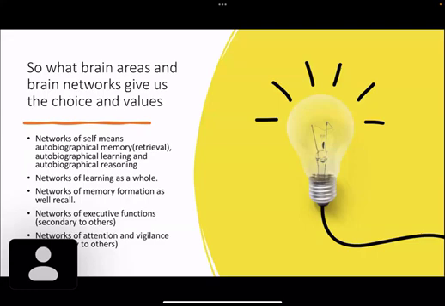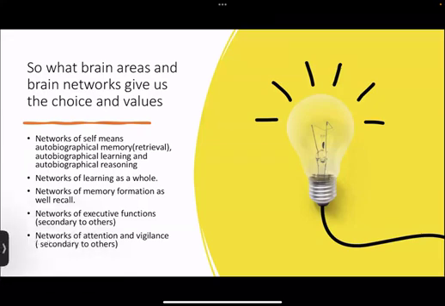So what brain areas and brain networks give us the choice and values? The network of self means autobiographical memory, autobiographical learning, and autobiographical reasoning. Yesterday, someone asked me what the network of self is.